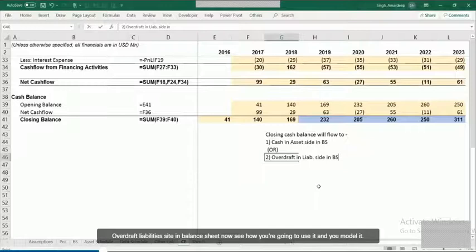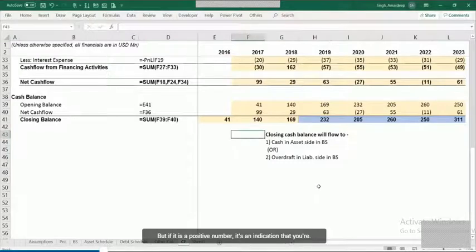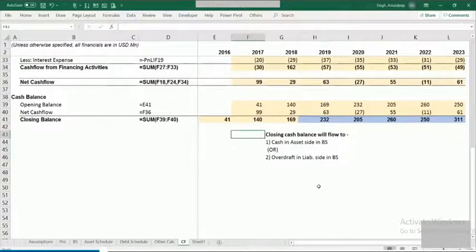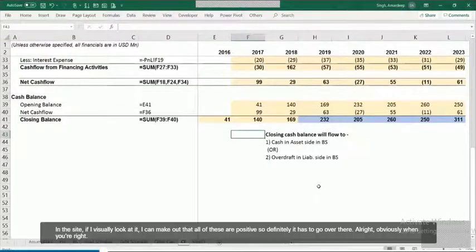Now see how you're going to use it. When you model it, you will have to model it this way: if it is a positive number, it's an indication that we've got a cash balance in our bank account. So it's going to flow over there in the cash and bank balance line in the asset side. If I visually look at it, I can make out that all of these are positive. So definitely it has to flow over there.